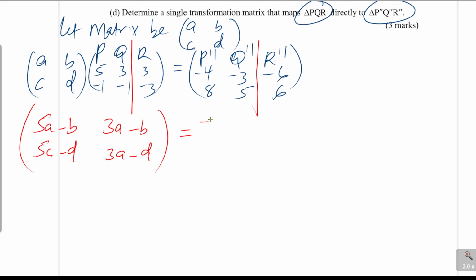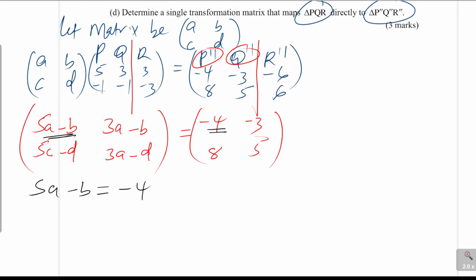Then I can pick -4, 8 and -3, 5, just P double prime and Q double prime. They'll give me the solution. So 5A minus B is equal to -4, and 3A minus B is equal to -3.